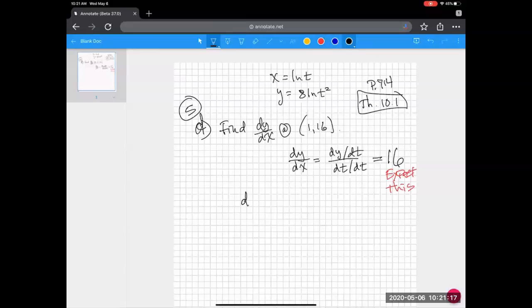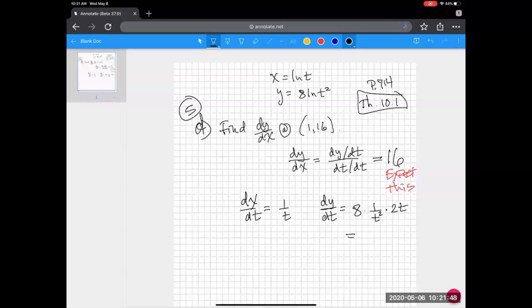So dx/dt, you would just differentiate the equation for x in terms of t, and the derivative of ln of t is 1 over t. And dy/dt, we would use the chain rule, ignoring the 8, and then ln of t squared would be 1 over t squared times the derivative of t squared by the chain rule, which is 2t.